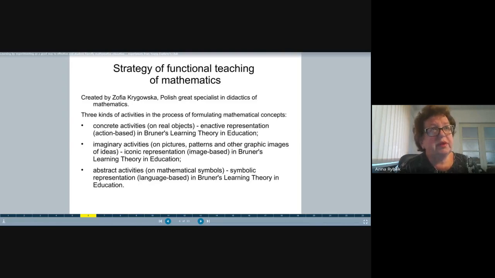It means experimenting. The second kind are imaginary activities. These are activities on patterns, pictures, and graphic images of some mathematical content.